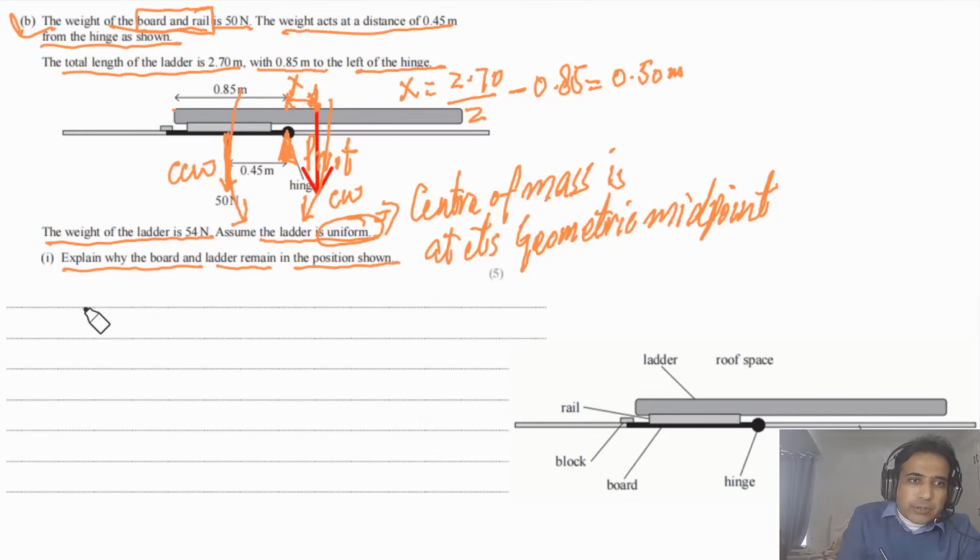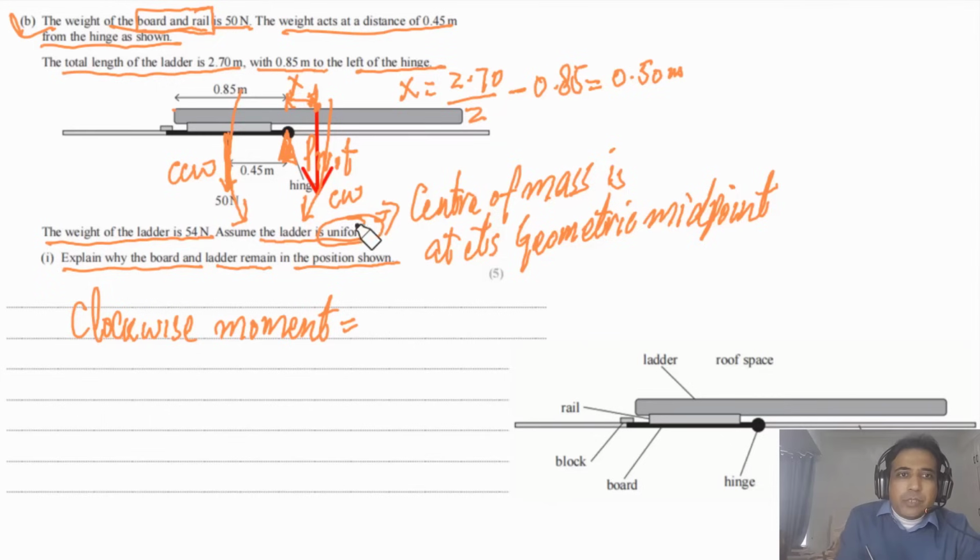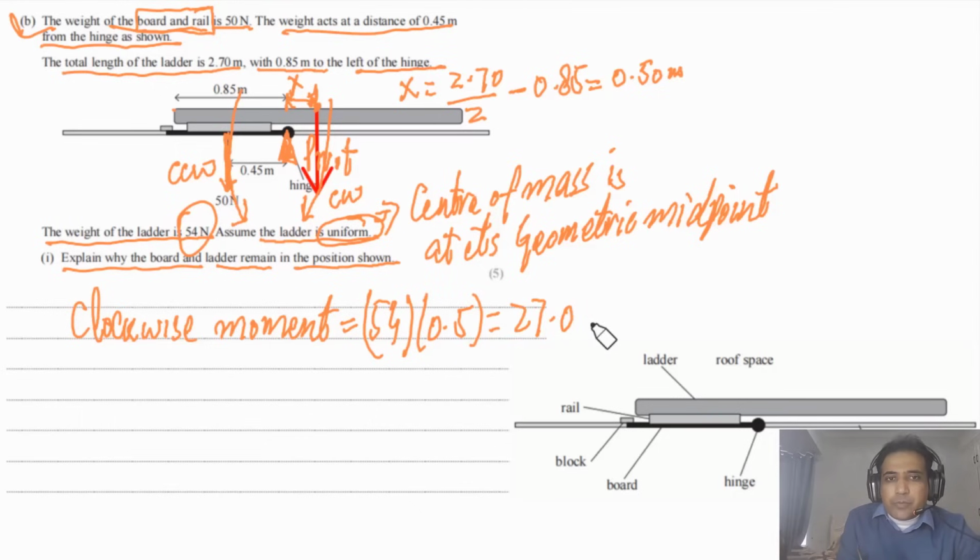So we can calculate the clockwise moment first of all, that is due to the ladder. The clockwise moment will be equal to the weight of the ladder, that is 54 newtons, multiplied by the distance, that is 0.5. So we will simply get 27.0 newton meters, and this one is the clockwise moment.